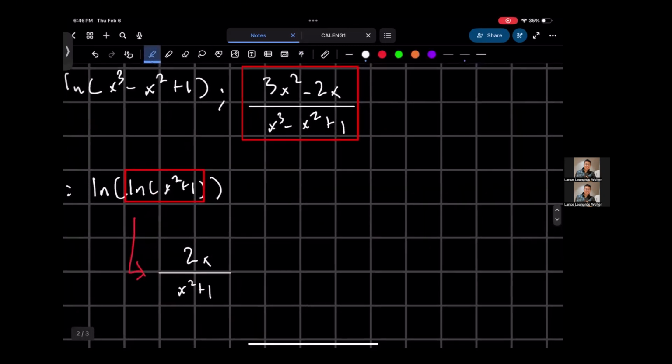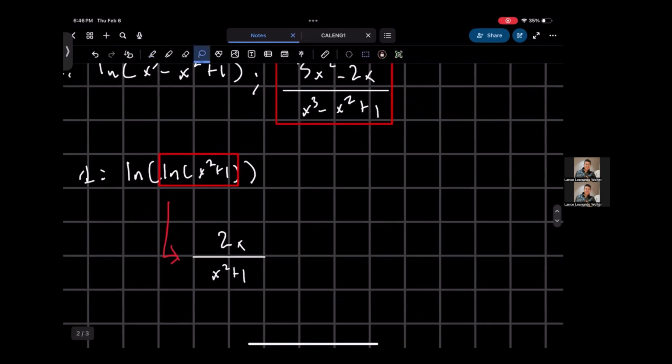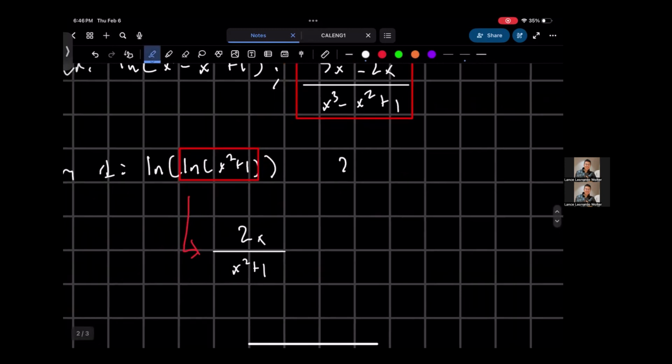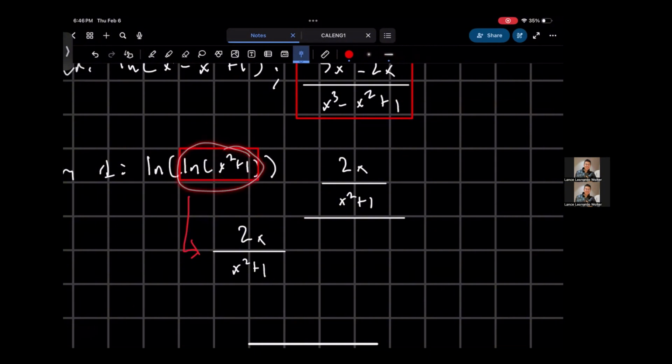Now, remember, so now we have the derivative of the whole thing. This red square right here. This is the derivative of the whole thing, right? So 2x all over x squared plus 1 all over. This is where it gets tricky because what do you divide this derivative by? Is it x squared plus 1 only, or is it the whole thing? I'll give you a minute to think.